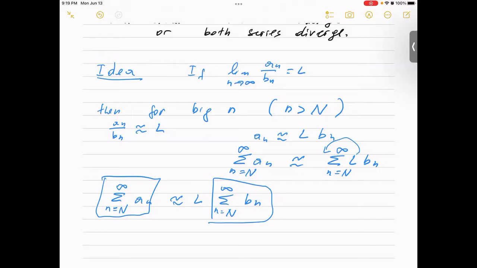For the same reason, if you start on the right with b_n divergent, equal to infinity, then multiplying by L is still infinity, so you conclude that the sum of a_n on the left side will be infinity. So that's the idea.